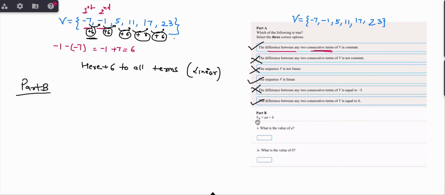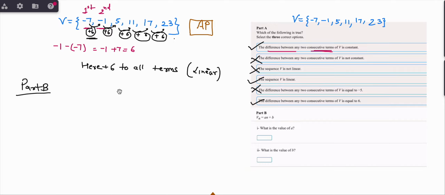In part B, they're asking you about the equation. Whenever you add the same constant to all the terms, it becomes an arithmetic progression.